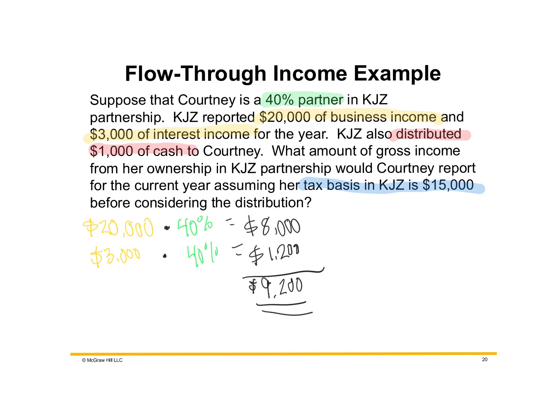So if we calculate that out, 15,000 in the starting basis minus the $1,000 cash distribution leaves us with an ending basis of $14,000.